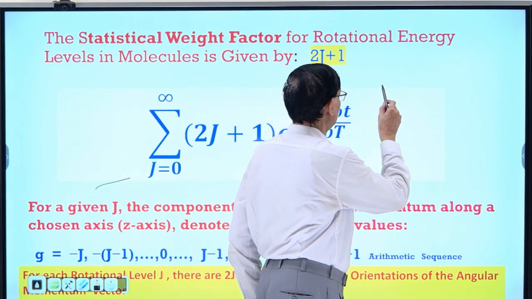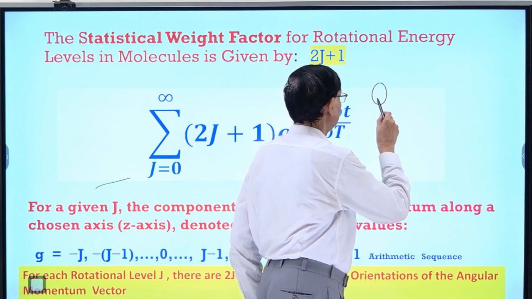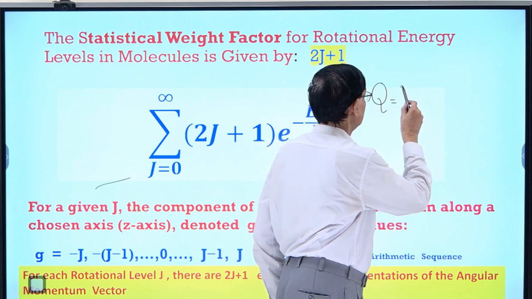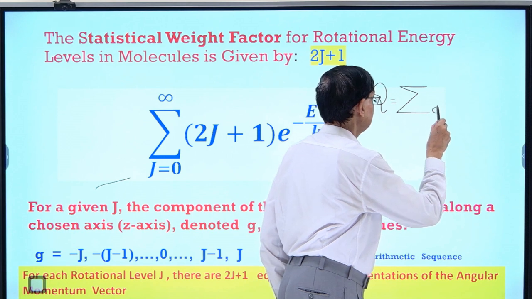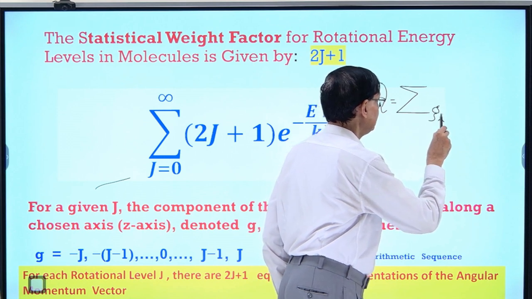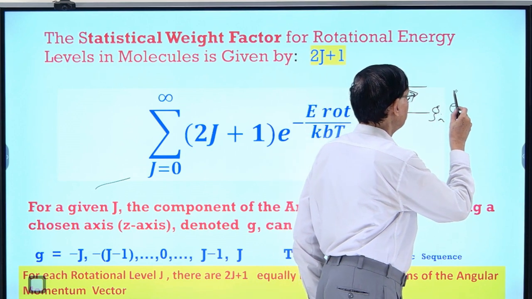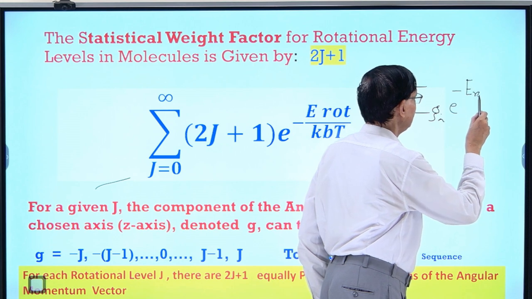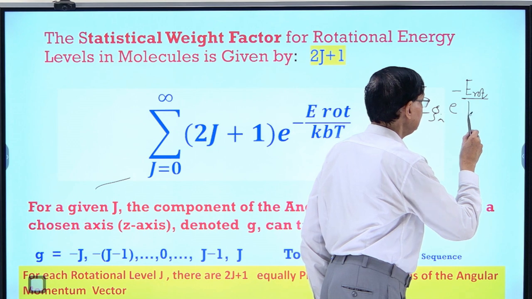The general formula of any type of partition function is equal to the summation of gi, which is called the statistical weight factor, times exponential of minus the corresponding energy over kB T. If I am talking about rotations, it must be the rotational energy.